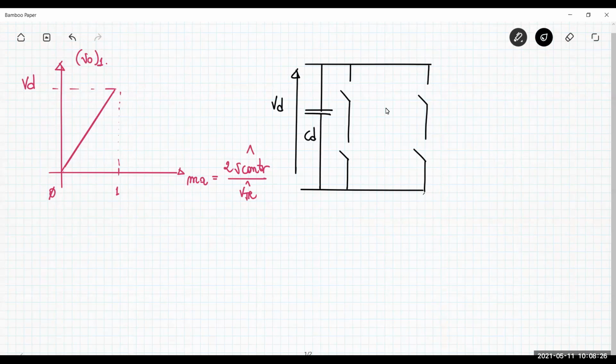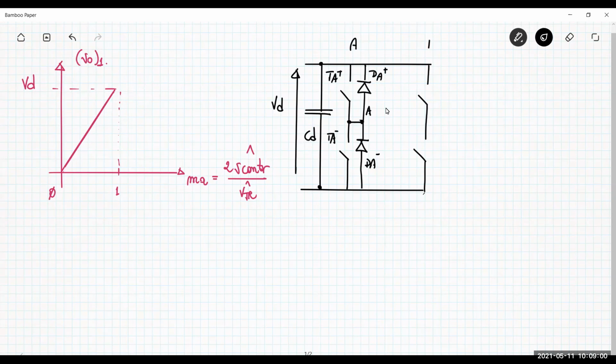From one side you have a voltage which is constant, VD, and you have a capacitor CD. Then you have the leg A, in which you have 2 switches, TA plus and TA minus, and 2 diodes, DA plus and DA minus. And this is the node A.